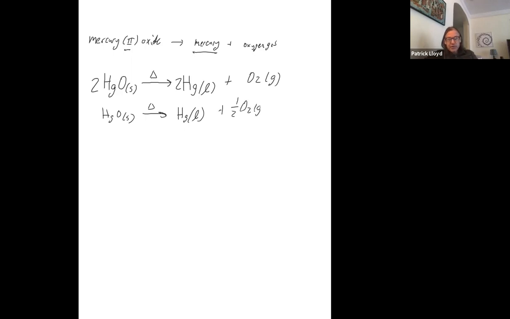I'm not sure if it is for Alex, but you'll get the same calculation out of both of these because it's the ratios that matter. You're taking the moles of the reactant over the moles of the product. So it's the ratio. 2/1 is the same as 1/2, right? You just do the arithmetic, you get the same answer.